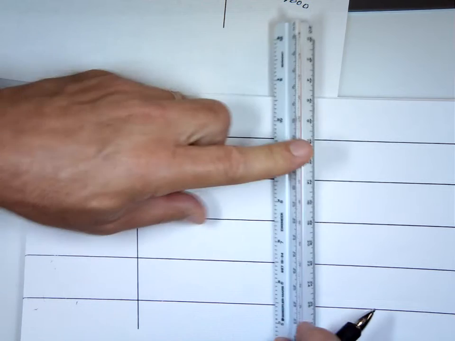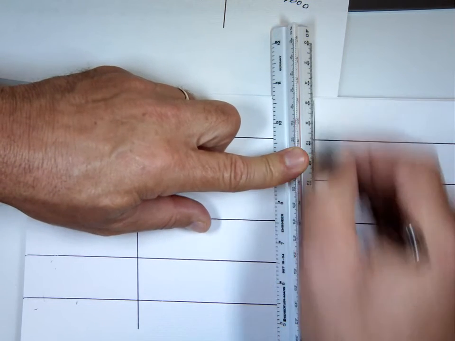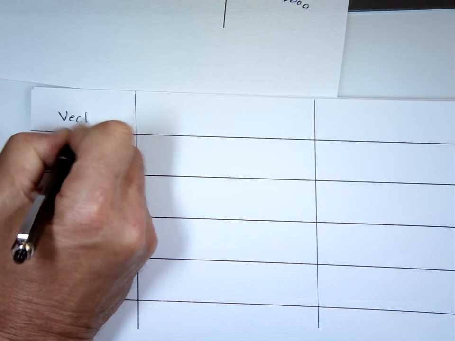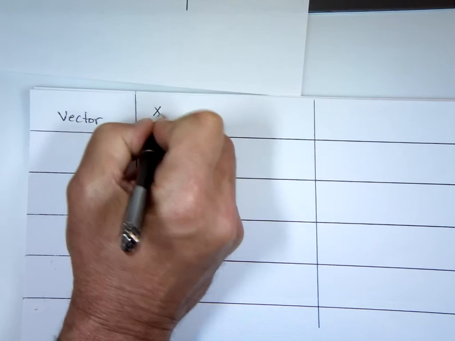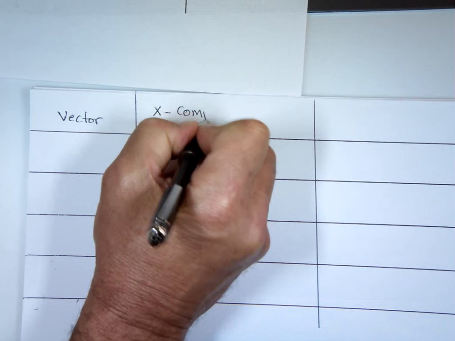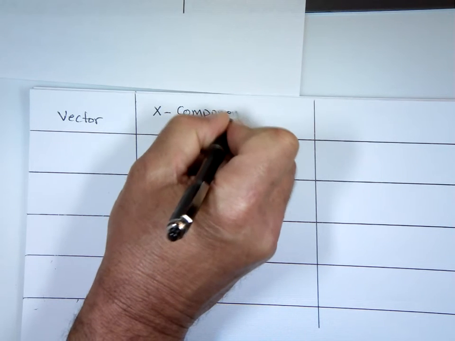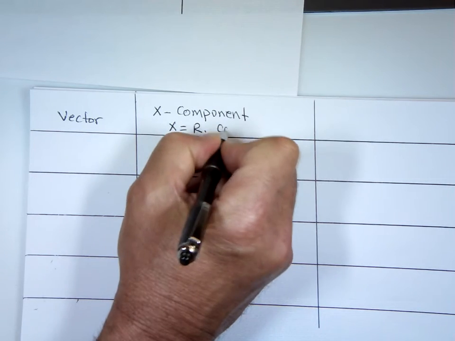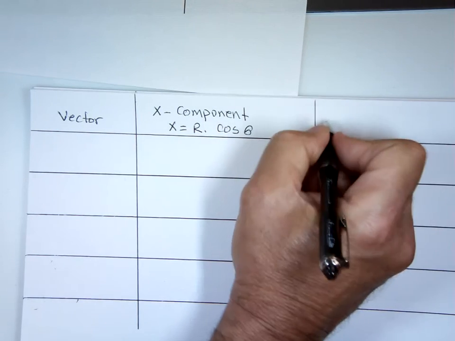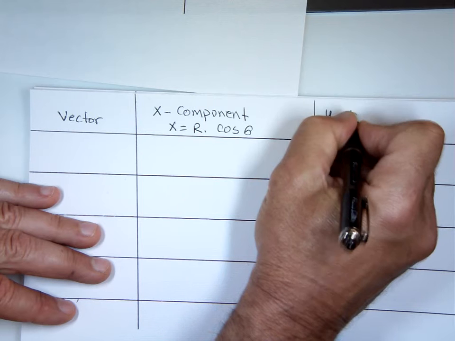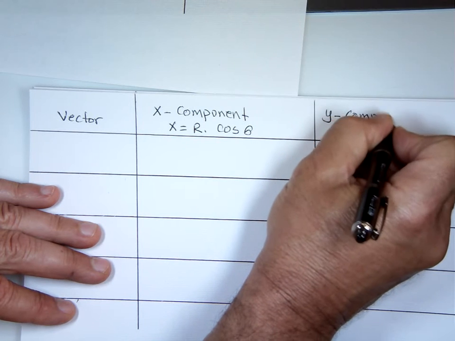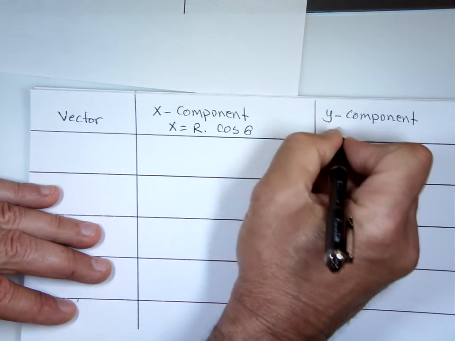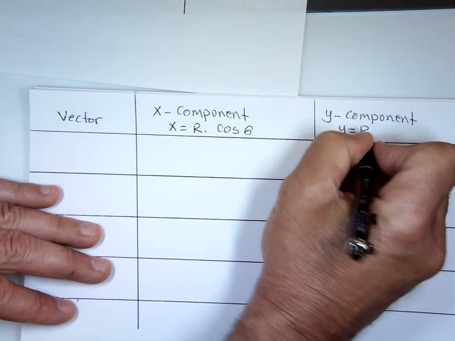An X and Y component. There we go. So vector here, X component, and x equals r times cosine theta. I'm reminding you of that. Y component, and y equals r sine theta.